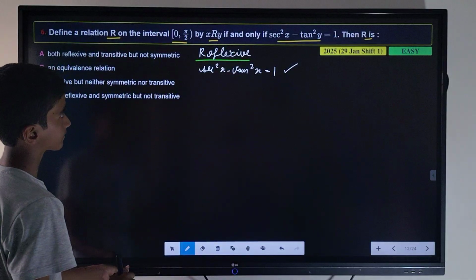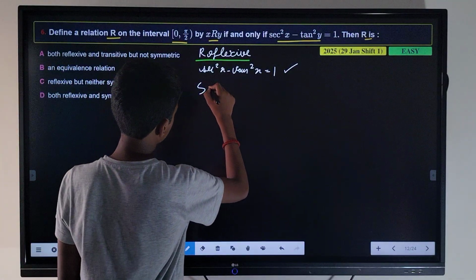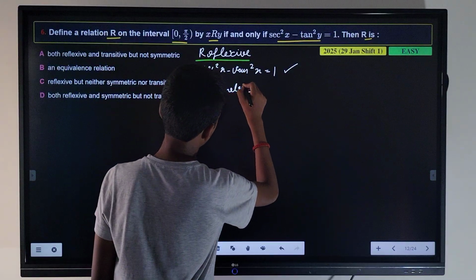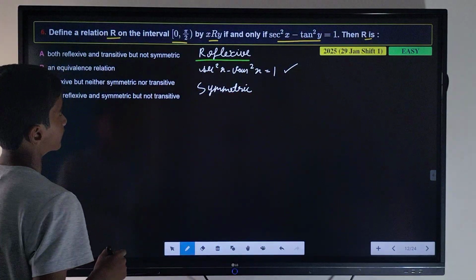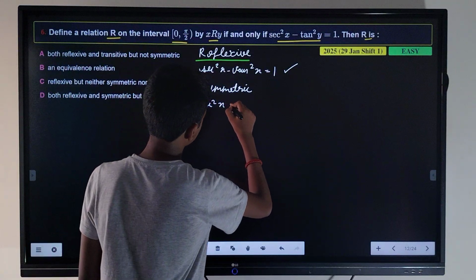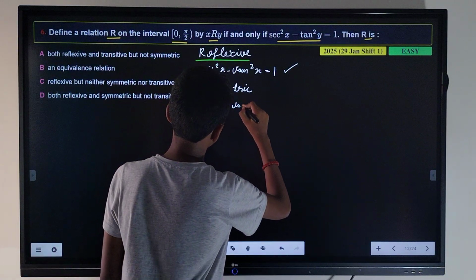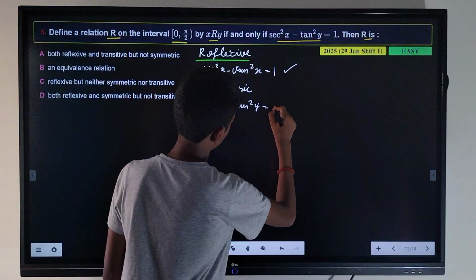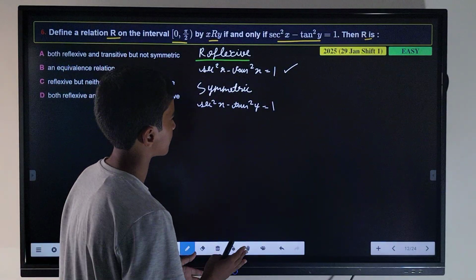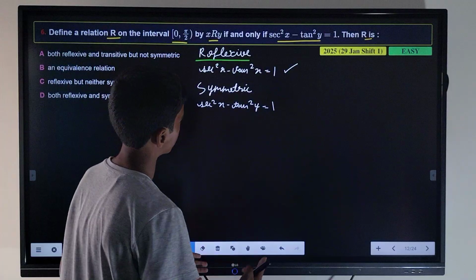Now we will check if our relation is symmetric. Now our sec square x minus tan square y is equal to 1, then we need to prove sec square y minus tan square x is equal to 1.